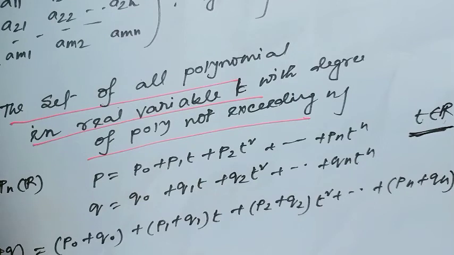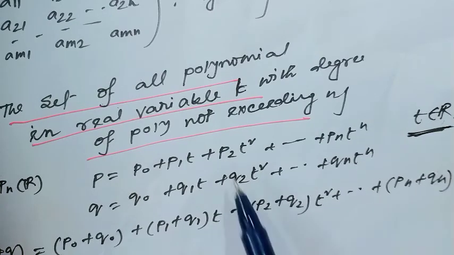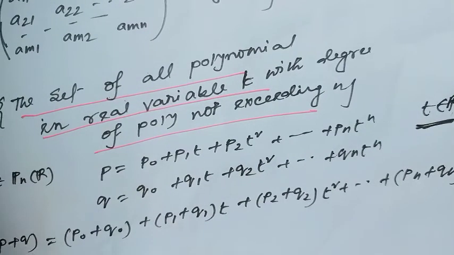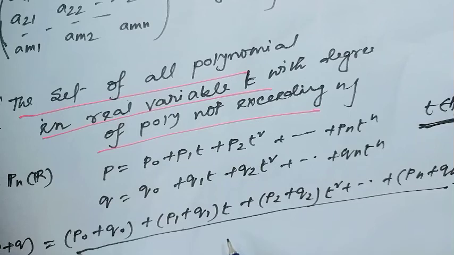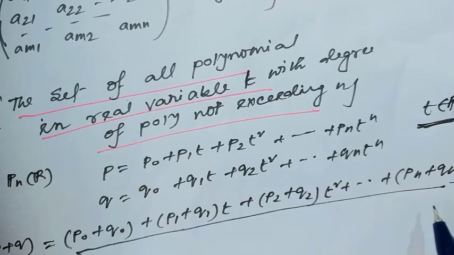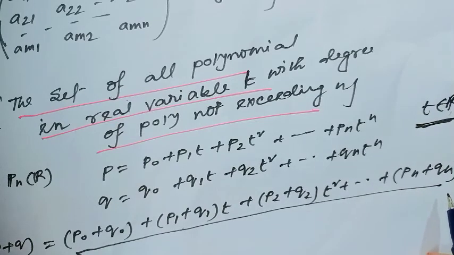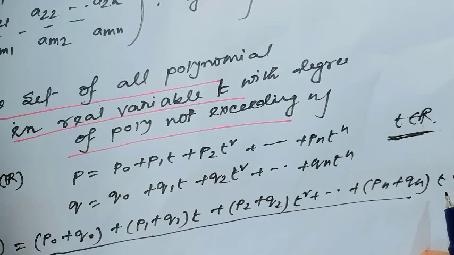where p is a polynomial of degree n and q is a polynomial of degree n. Are you getting? Then p plus q also belongs to this vector space, because this is also a polynomial whose degree is n and the variable is a real variable.